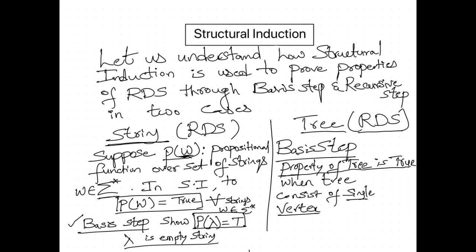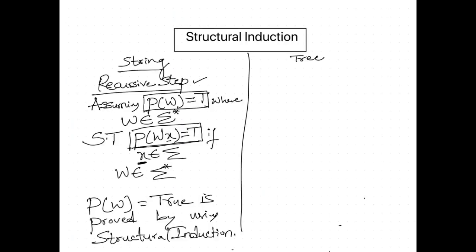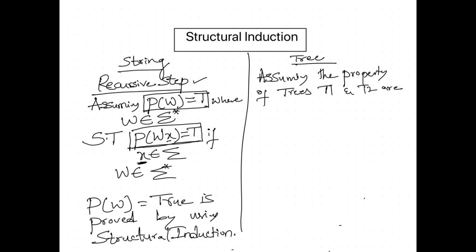Now let us move to the inductive step or recursive step. Here, how is the property of the tree assumed true? Here I am assuming the property of trees T1 and T2 are true.